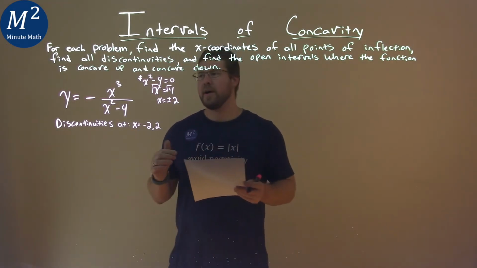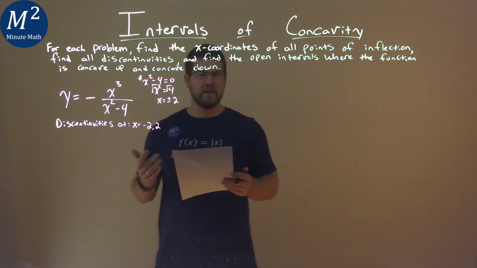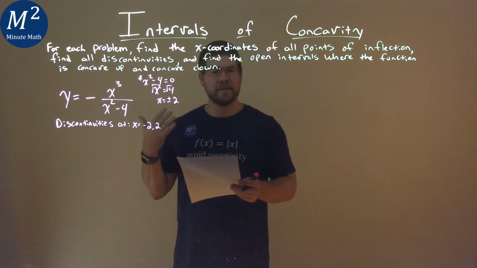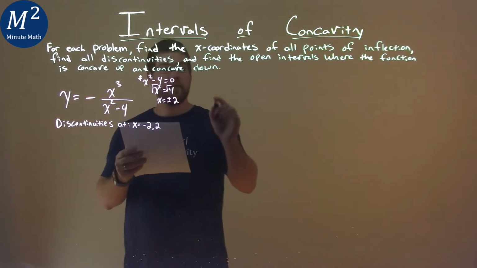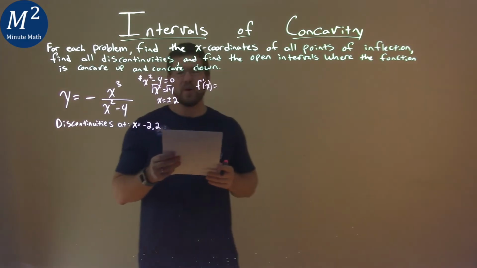So now we find the points of inflection and the concavity using the second derivative test. And we need to find the second derivative first. So to find the first derivative on the way there, f prime of x, we're going to use our quotient rule.